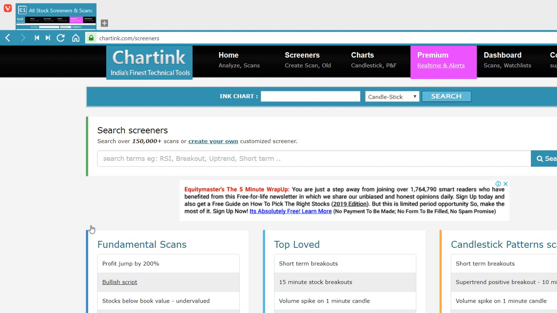So I would personally suggest that please do use these kind of websites for screening stocks. Where to enter and where to exit, you have to apply based on your own knowledge and strategies, which I will share with you. And also, if you have some great strategy, you can use the screener to pick up stocks for intraday or even for short terms.